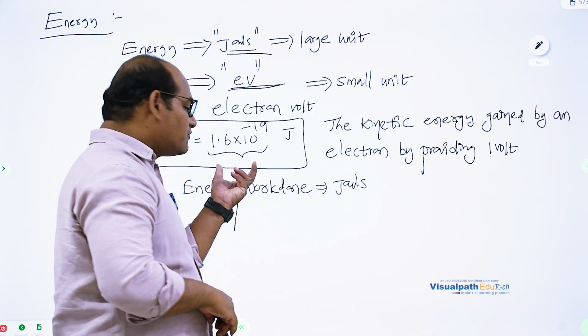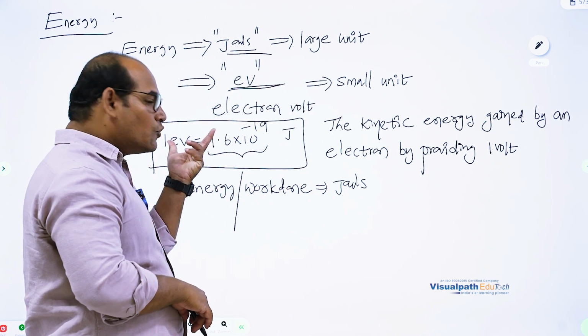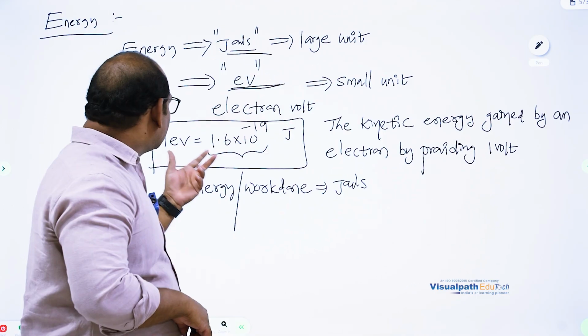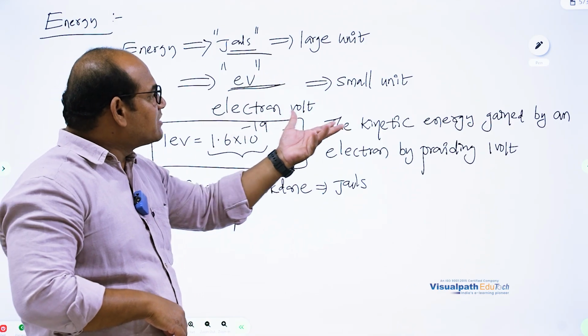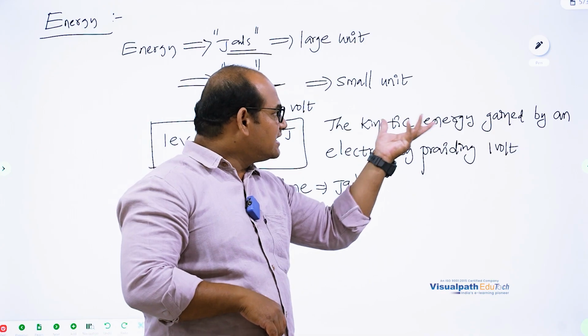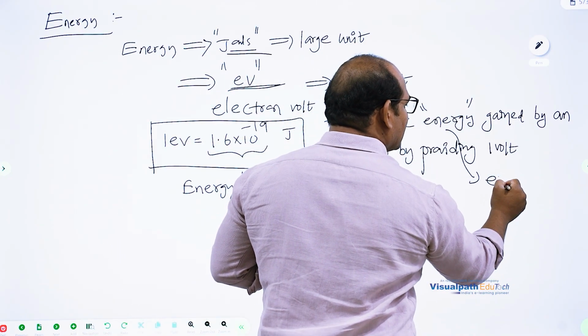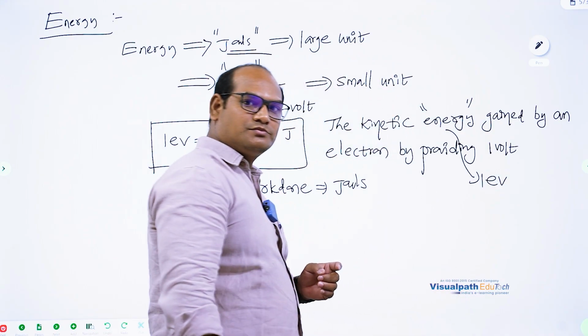You see, in electron volt, electron is there, volt is there. So if you provide 1 volt of potential, then the electron gains a certain amount of kinetic energy. That kinetic energy is the energy. So that itself is your 1 electron volt.